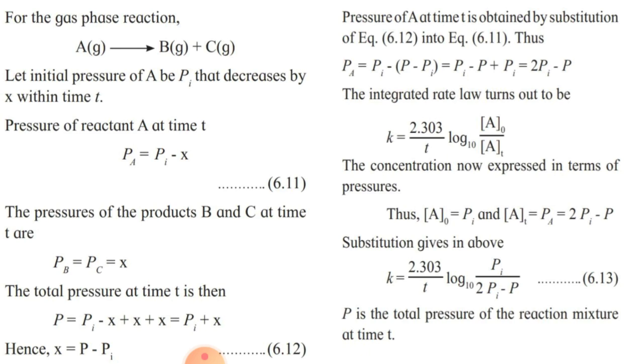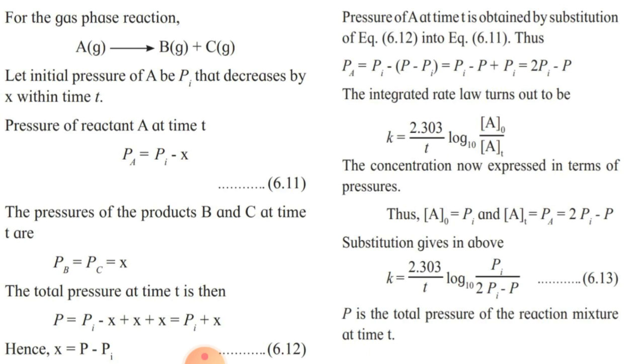So students, whatever X has decreased, that will be the pressure for the products B and C. So X is the decrease in pressure of the reactant A at time t. Initially it is Pi minus X. So that X will be the pressure of the products B and C at time t.